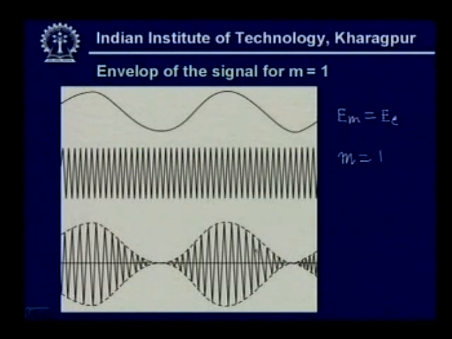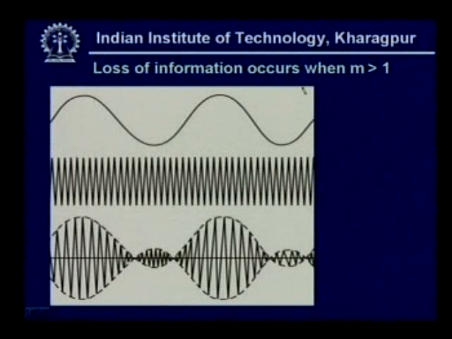So, in that case we get the maximum modulation, that means this is the maximum permissible modulation possible, because as we shall see in the next slide, when you get m greater than 1, here the value of Em has been made greater than Ec.